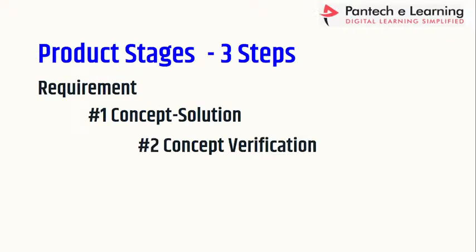First of all, any product takes 3 steps: the requirement to make any product, concept solution, concept verification, and then going through production. In MATLAB simulation, we can get the solution of the simulation, verify that concept, and after that go through the production.